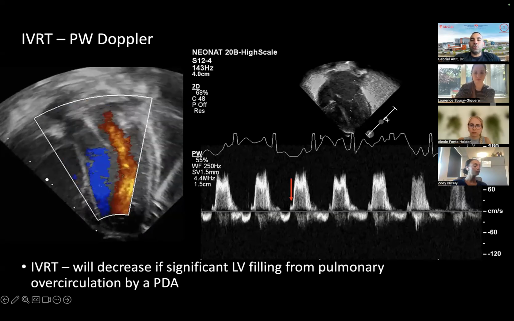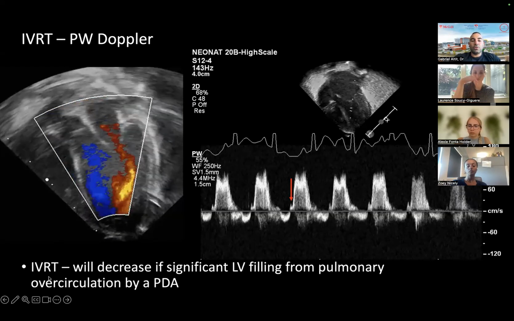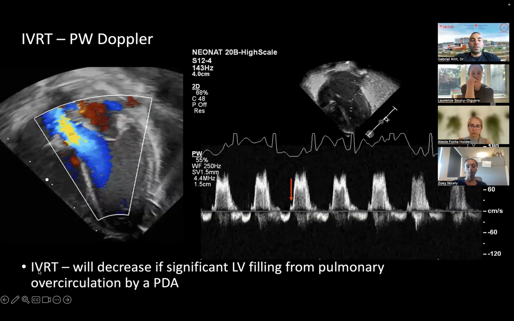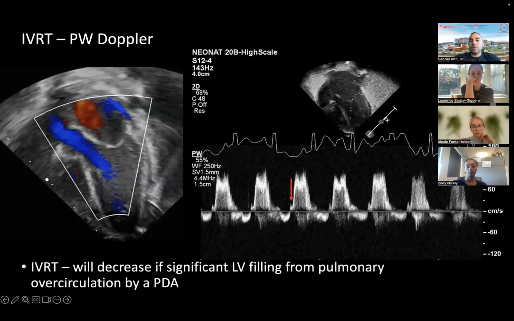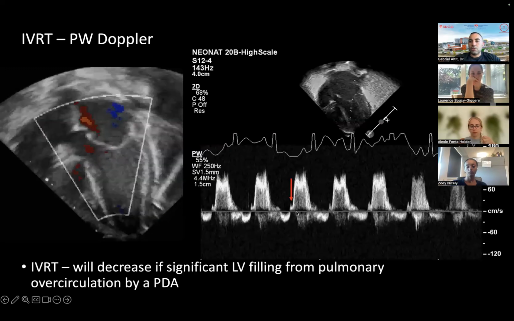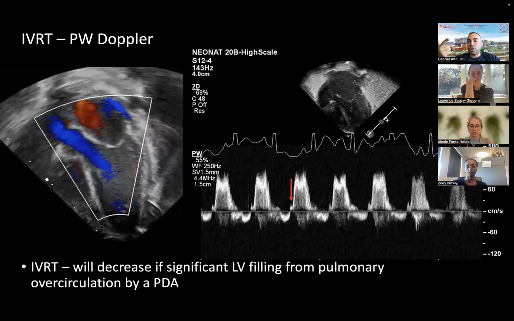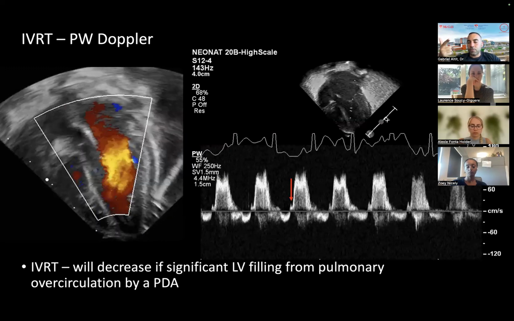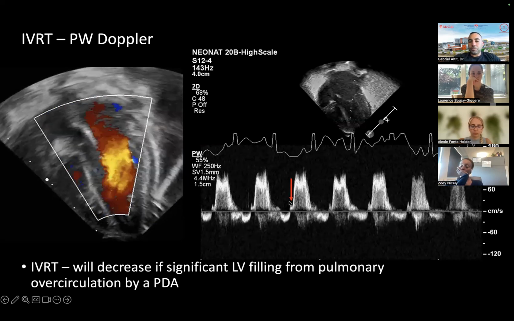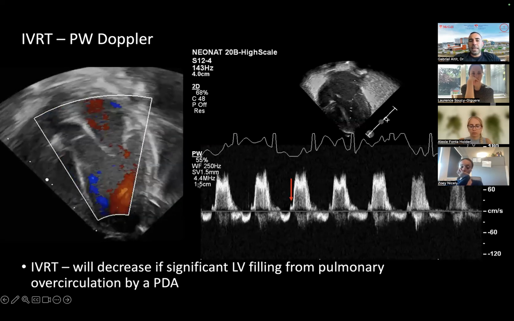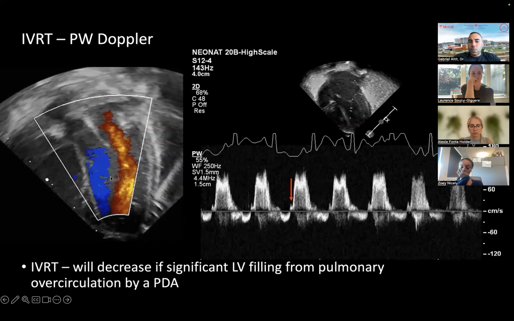And so what you could do is measure something called the isovolumetric relaxation time. This IVRT is the time you spend relaxing, but your volume is technically not changing. So your mitral valve and aortic valve are closed and they're not leaking. This measurement is typically obtained at the border between the red and the blue.